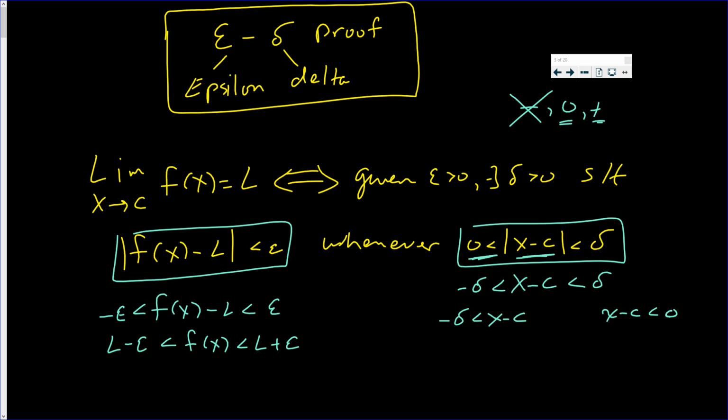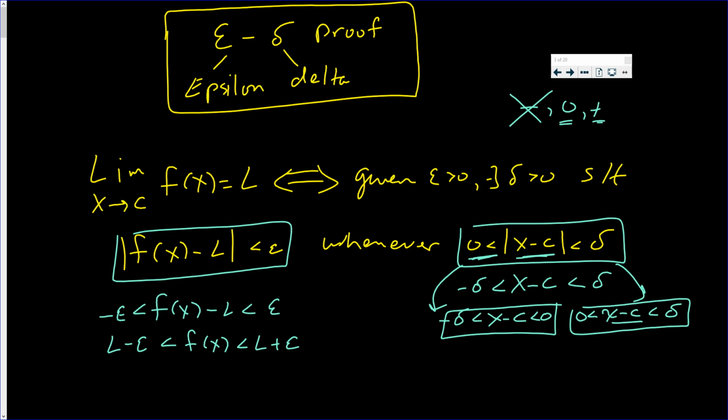We want this to be less than delta, and we want x minus c over here to be bigger than 0. This is what you get from the top one. This middle one is not exactly correct, because if you're between negative delta and positive delta, you can be 0. And we do not want to allow x minus c to equal 0.